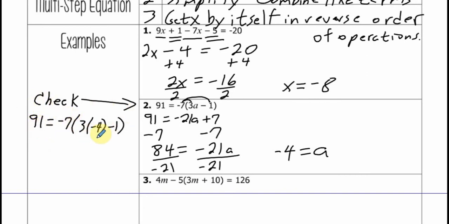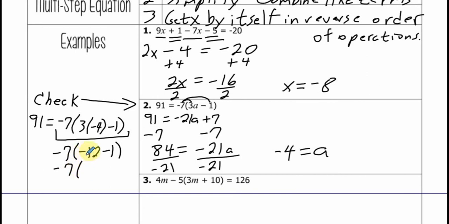So I'm going to have to do my work on this side to get the answer. You can always just plug this side into Desmos, and if it equals 91, you're good. If it doesn't equal 91, you're not. But I'm going to go ahead and go through the process. Inside the parentheses, we have to multiply first. So 3 times negative 4 minus 1.